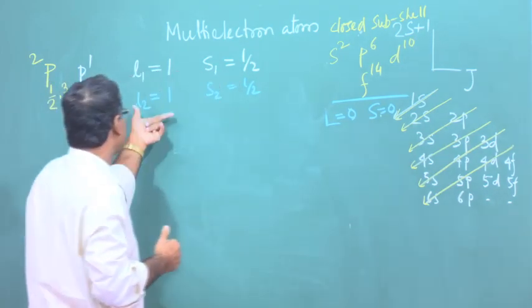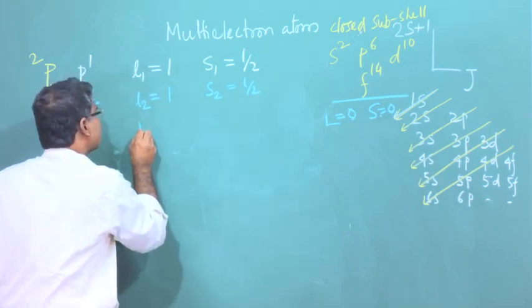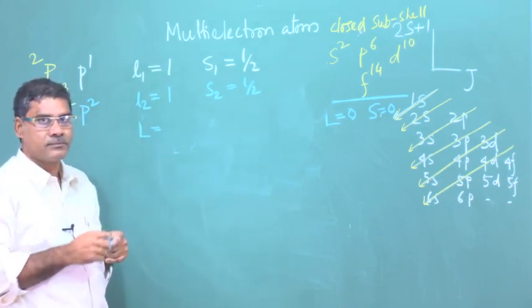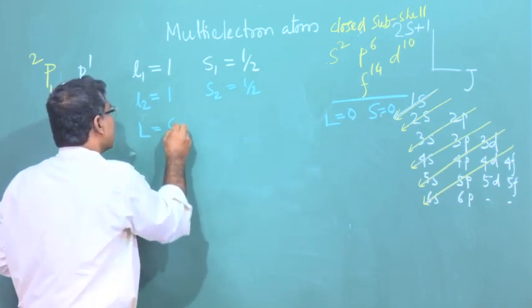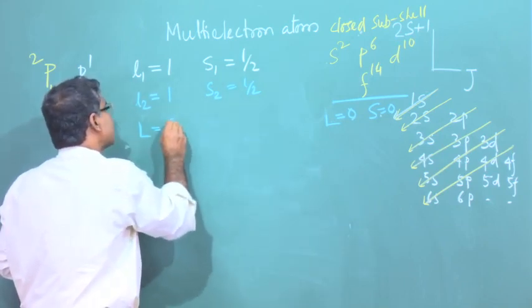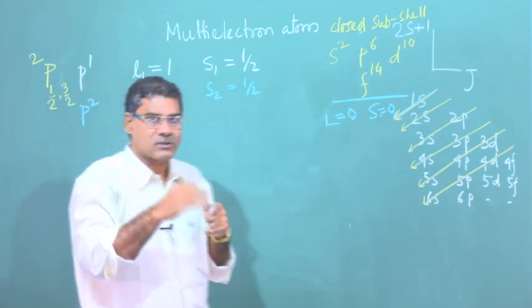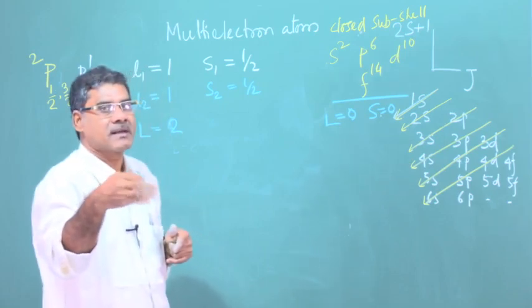Resultant L will be from L1 plus L2 to L1 minus L2. L1 plus L2 is basically 2, and then L1 plus L2 minus 1, L1 plus L2 minus 2, up to L1 minus L2.